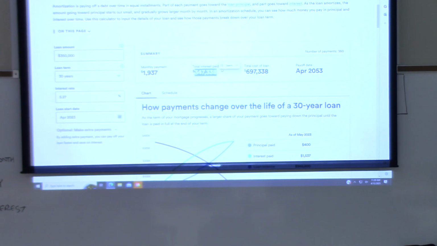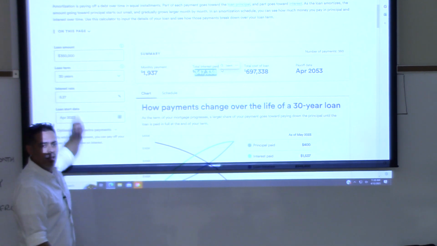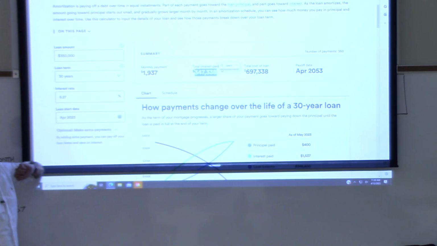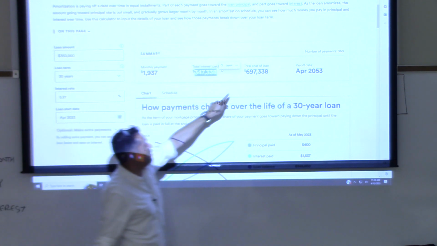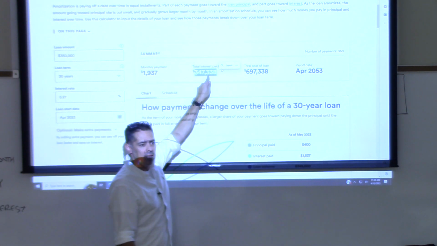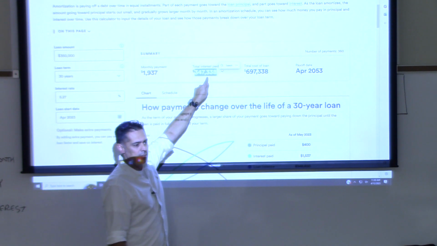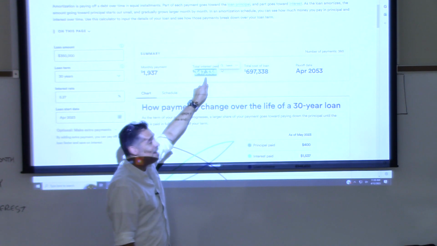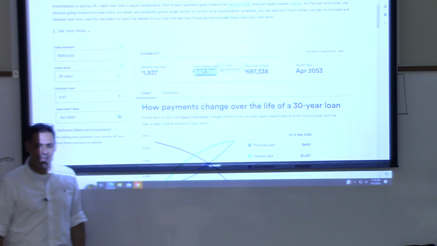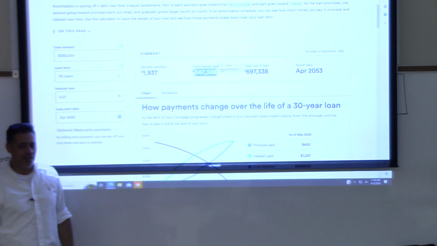Do y'all see that number? You're not seeing things. You borrowed $350,000, paid for 30 years at 5.27%. At the end of it all, this is how much you wound up paying for that house, and this is how much the bank made off of you over those 30 years, which is basically the cost of the house. That's crazy, right?